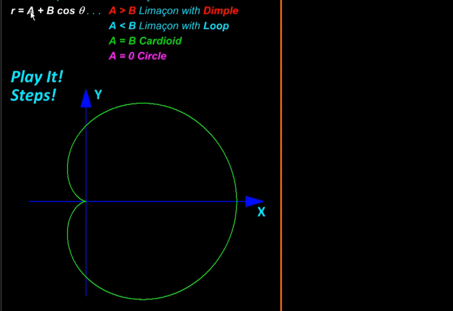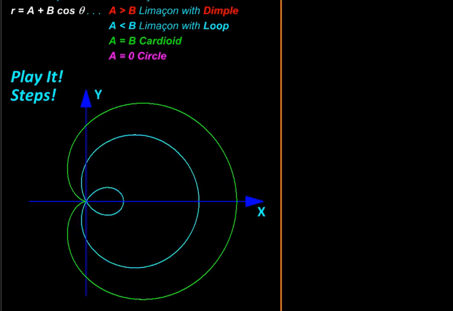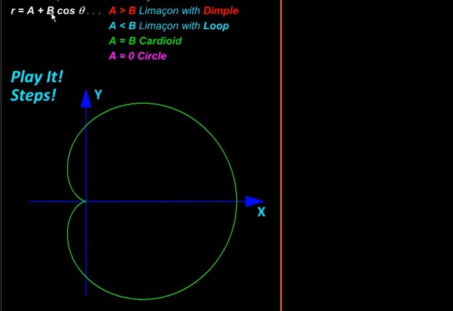When A is less than B, the negative value of the cosine function will not be compensated, and therefore r will become negative, and it will go deeper inside, forming a loop like this. When A is greater than B, r will never become 0. It will always remain positive.